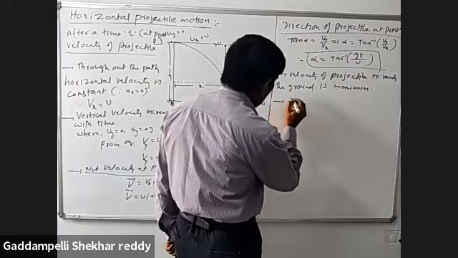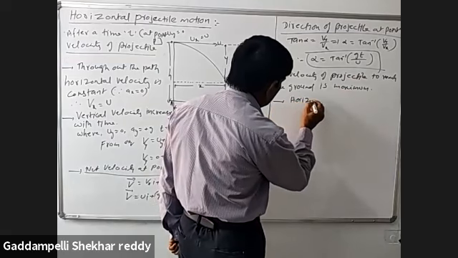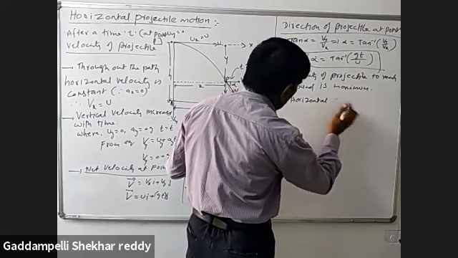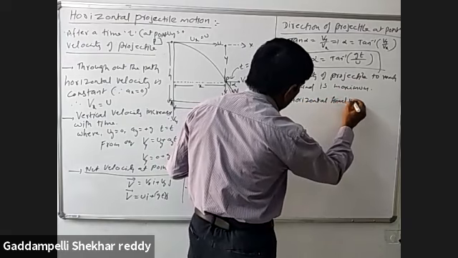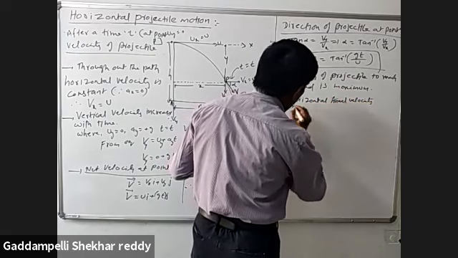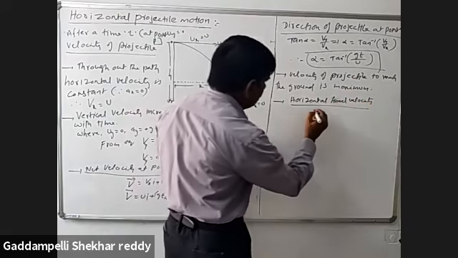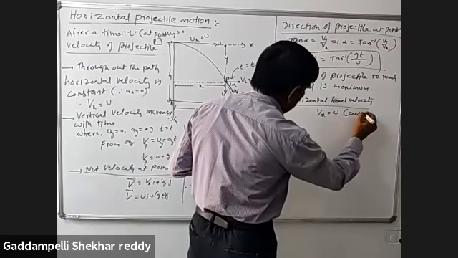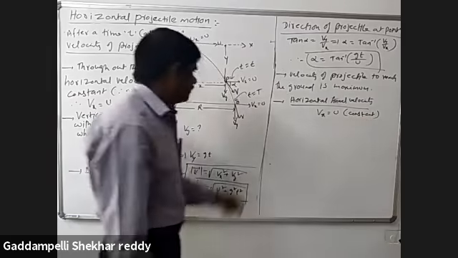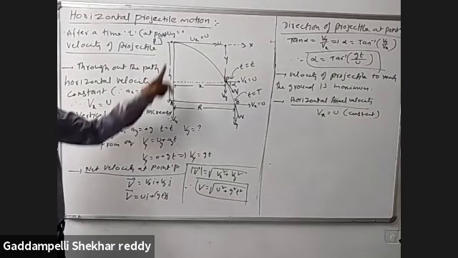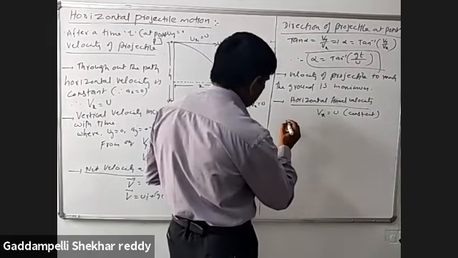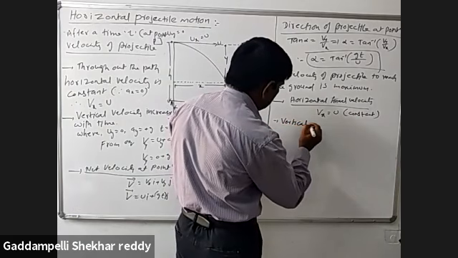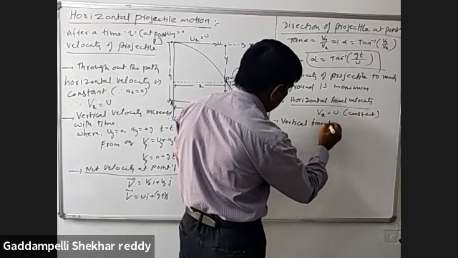At this point, the horizontal final velocity, that means Vx is equal to u, constant. So next, the vertical final velocity.